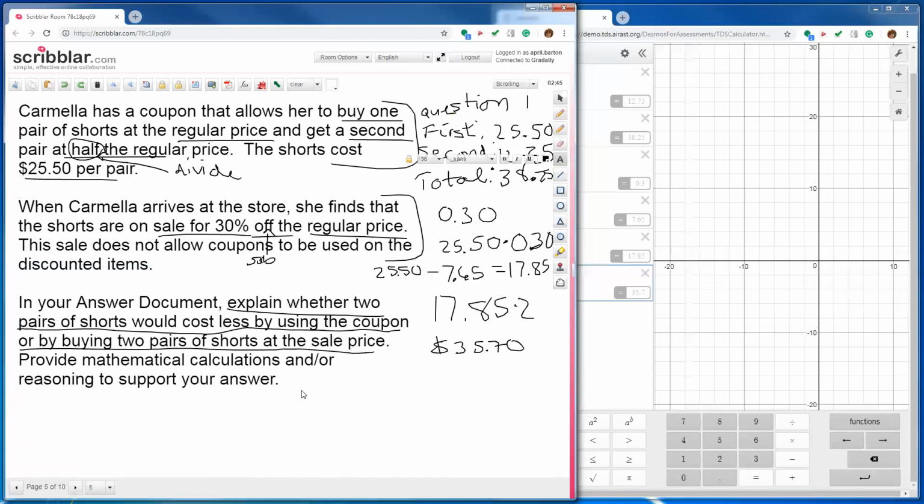So you want to make sure you answer the question and you want to write it in words. It is cheaper to buy these shorts for 30% off.